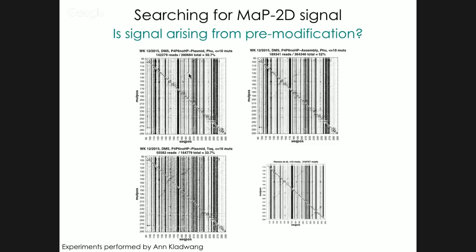Here, those hits are only present in the plasmid. Around the same region, there are hits in the assembly, but they're in different spots, suggesting that those are arising from the difference in the DNA, because that's the only thing different. Right. Yeah, that's true.